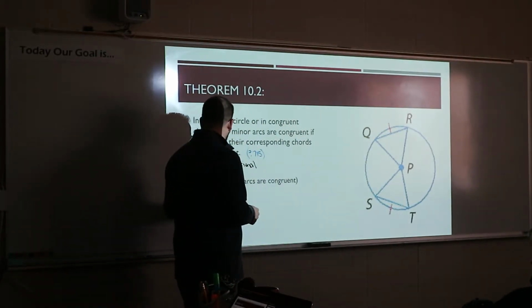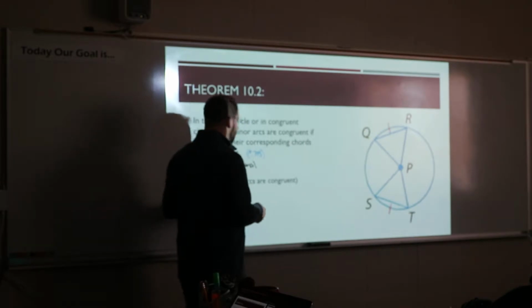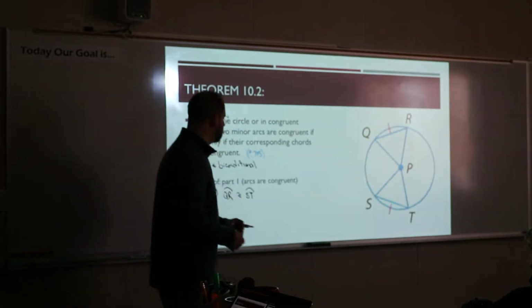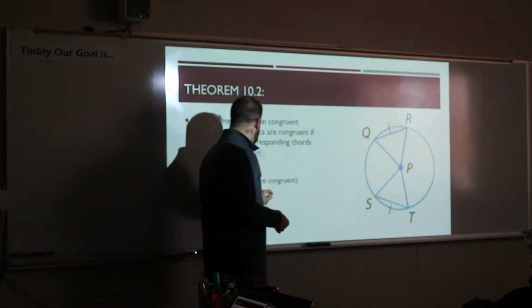So we're given that, line one, if we're doing a full-on proof, I'm not going to do this, but if we're given the proof, we're given that arc QR is congruent to arc ST. The actual distances are the same. That was a given.